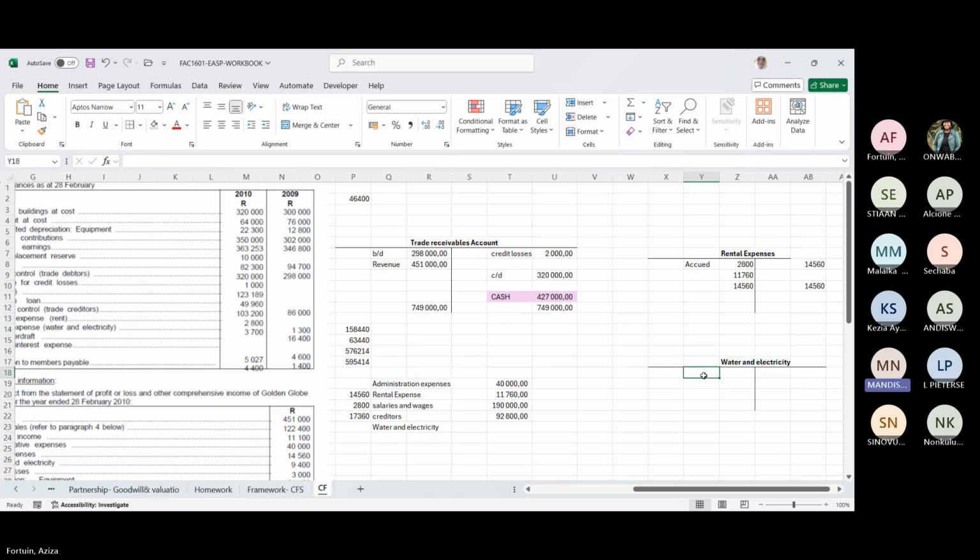I credited the 9,400 and then I also credited the 3,700. Wait, hold on, hold on. The 1,300 and you credited the... No, it's the 9,400 and the 3,700.